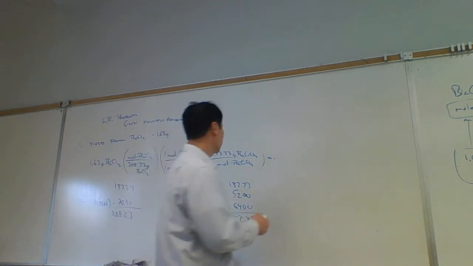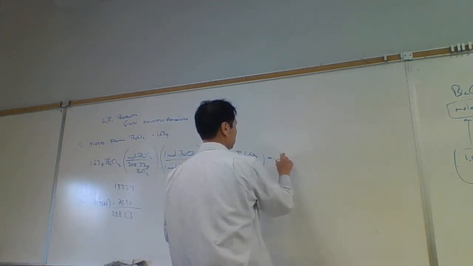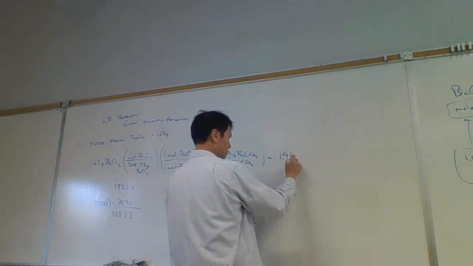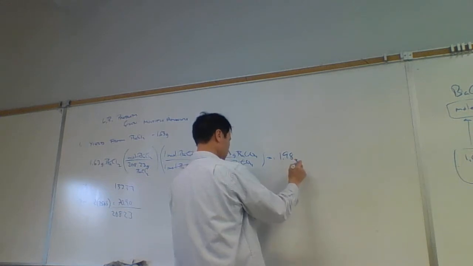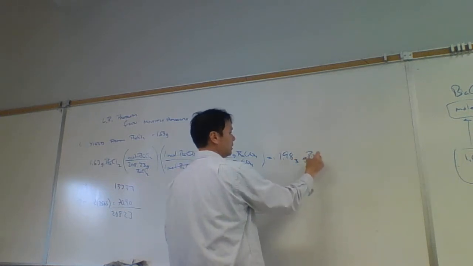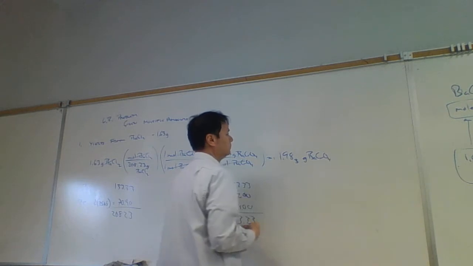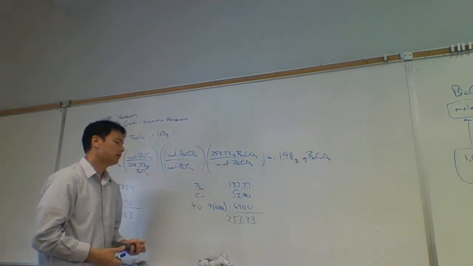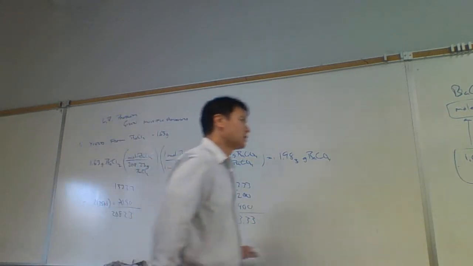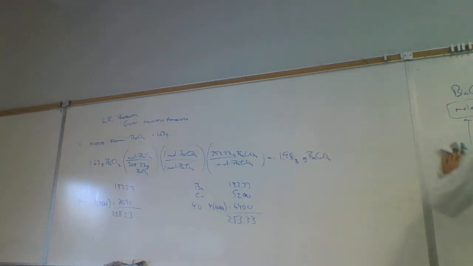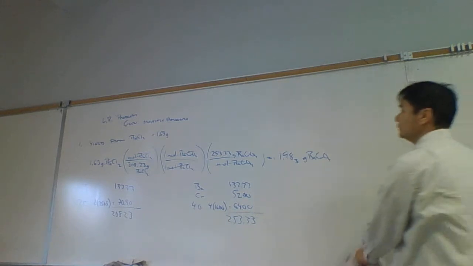That gives us 1.98. We'll allow 3 sig figs, so 1.98 grams of barium chromate. However, we don't know yet if we can get that much. We have to see the yield from sodium chromate to determine that.